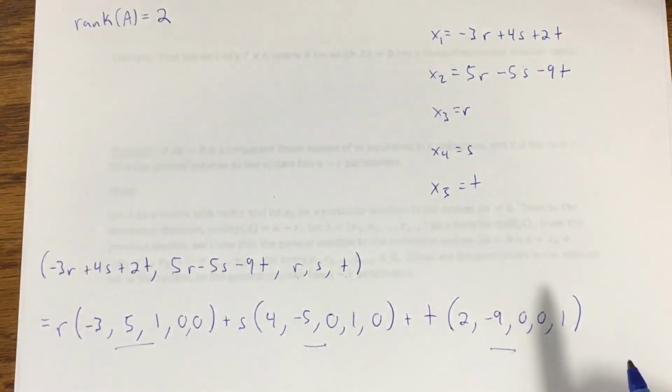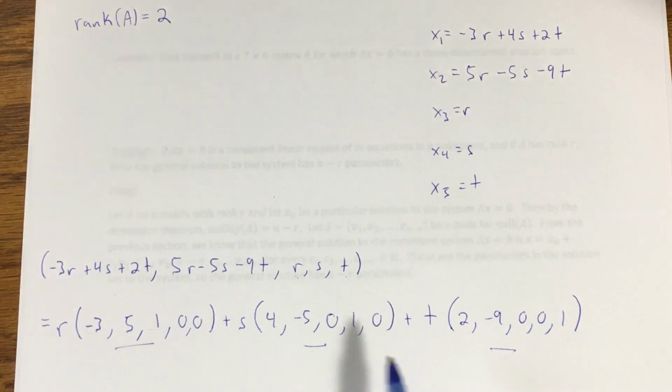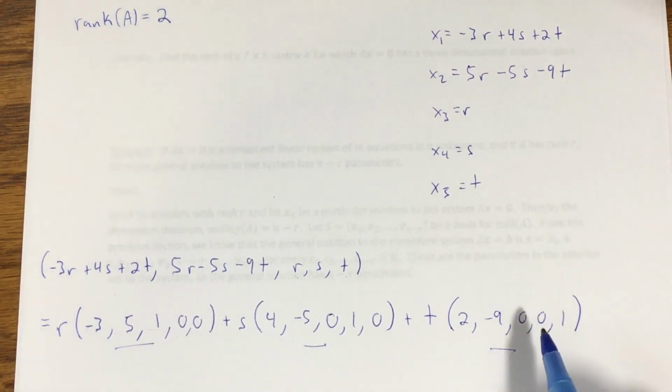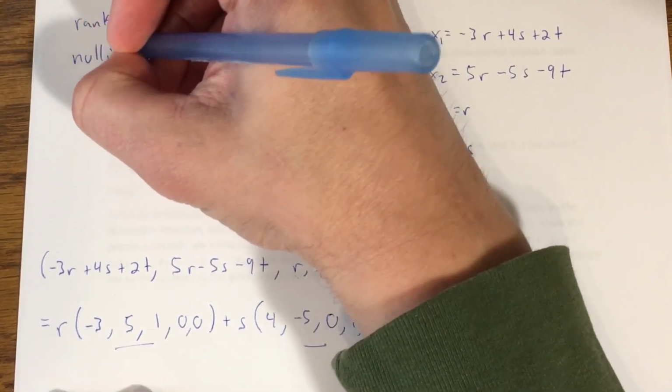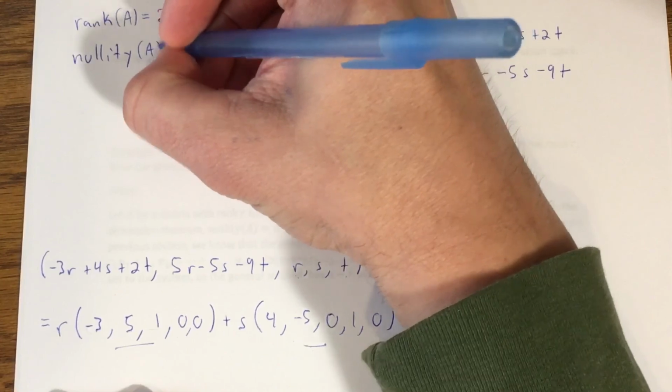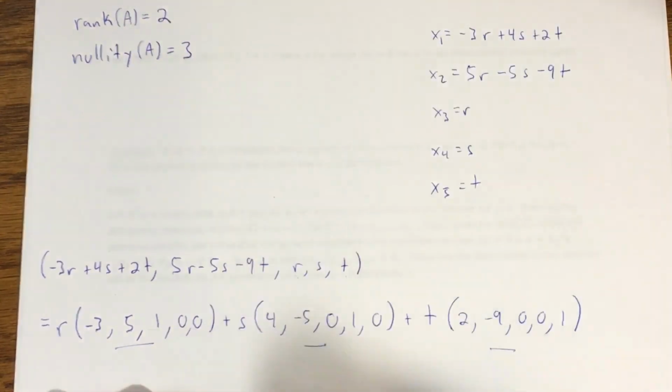And I want to point something out too. If you know that this is going to happen every single time, if you know that the number of vectors here will end up being the dimension of my null space, I'm going to go ahead and write that actually. Nullity is that dimension, turned out to be 3 in this case.